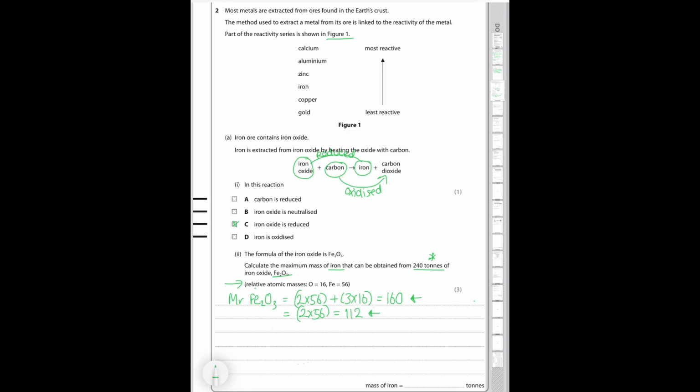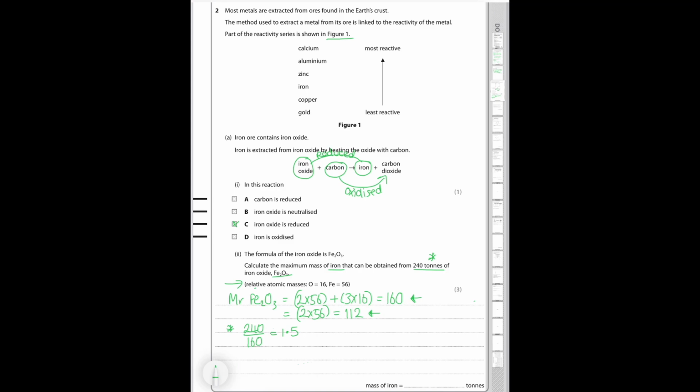But we're not trying to find out how much 160 tons would produce. We need to find out how much 240 tons would produce. So we need to work out how much bigger 240 is compared to 160. We could do 240 divided by 160, and that equals 1.5.